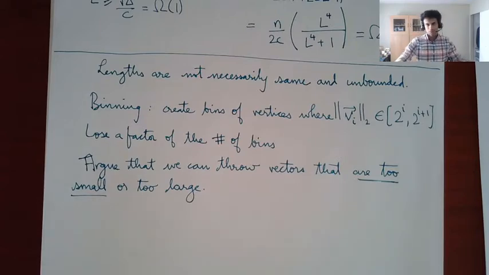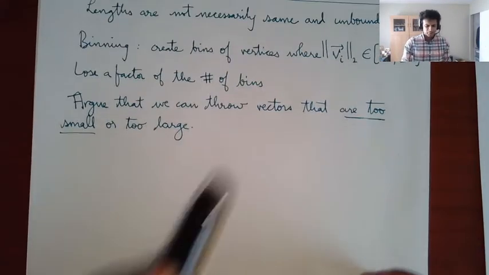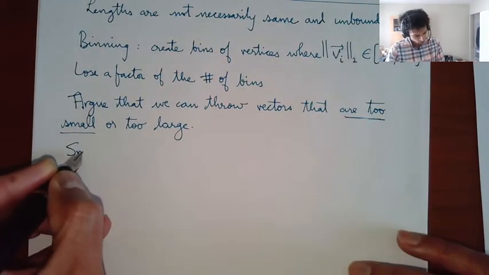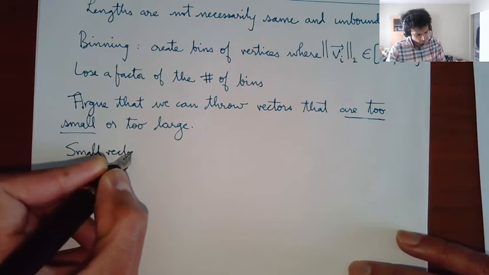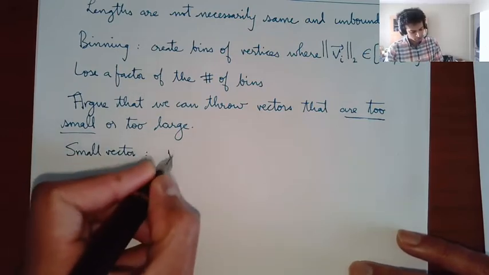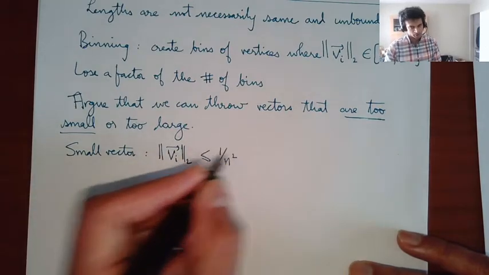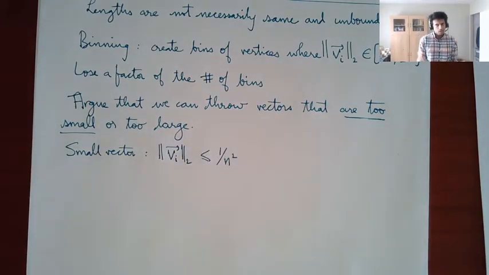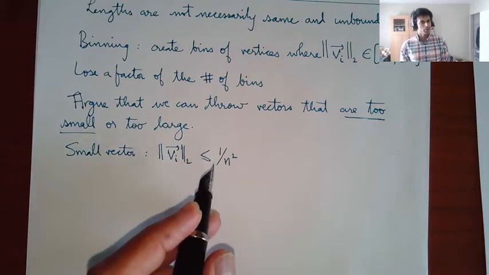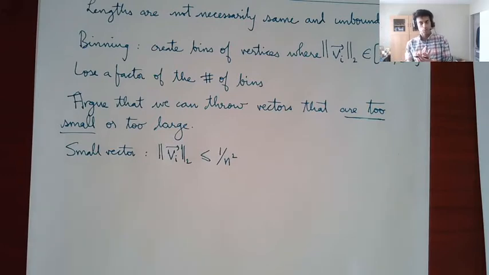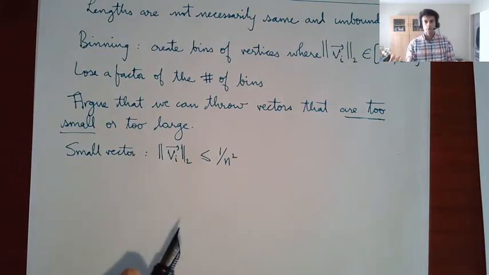Because we're doing logarithmic binning, a small vector is something where the length of vi is less than 1 over n squared. So really tiny vectors. It's not obvious that you can throw away such vectors, because there could be some other vector whose length was n squared, in which case the dot product could potentially be a constant. And so such a small vector could potentially form edges.